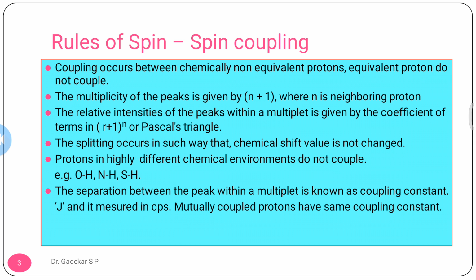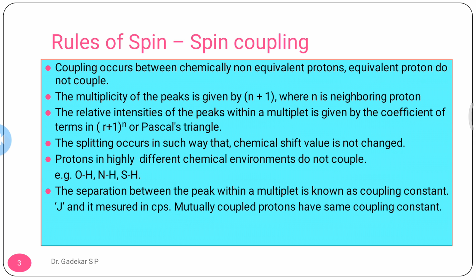For the coefficient terms we use the (r plus 1)th term or Pascal's triangle. Pascal's triangle, which we discussed in the last lecture, is used for relative intensity of peaks. So it is very simple.